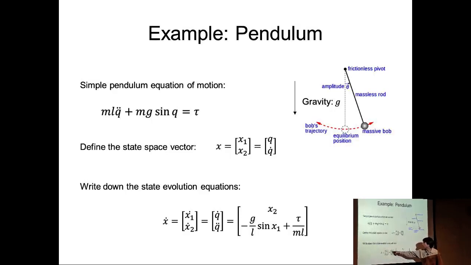And you'll see theta dot equals x2. That's what this is equal to. And then our second derivative, q double dot, well, what we're going to do is take mg sine q, bring it to the other side of the equation, and then divide by ml, and we end up with this expression here. So we have x2 dot equals q double dot, which is the same thing as theta double dot, equals this expression like so.